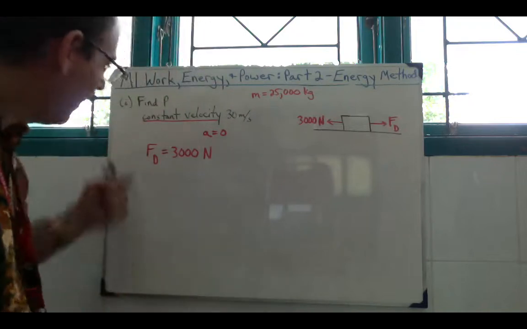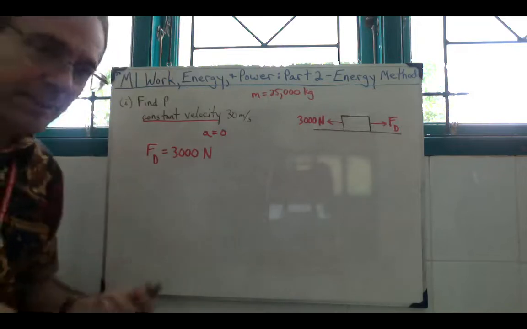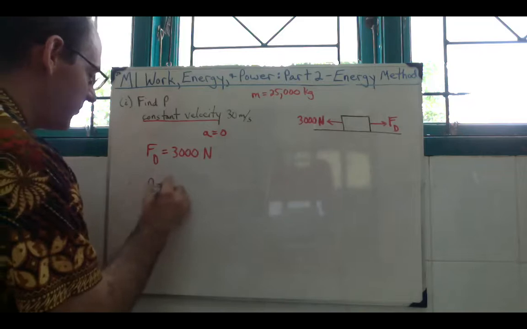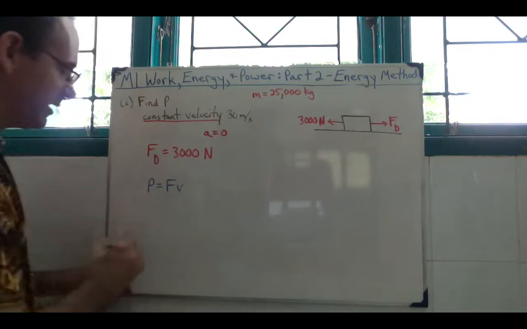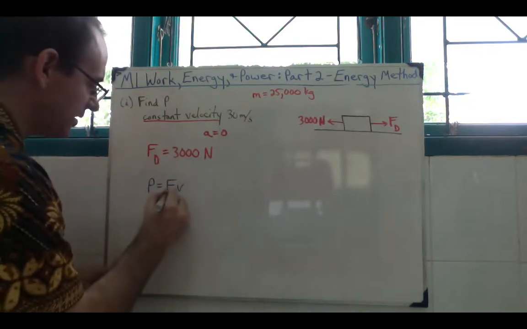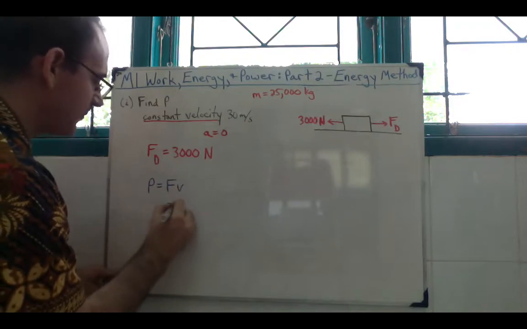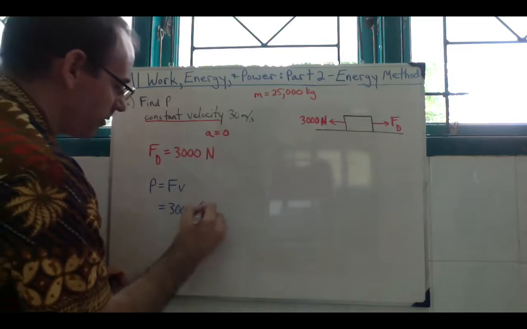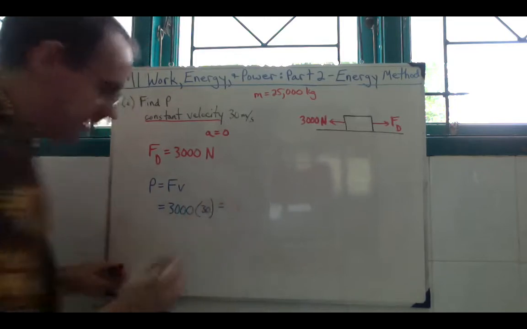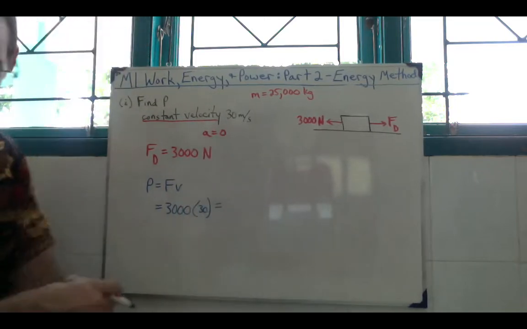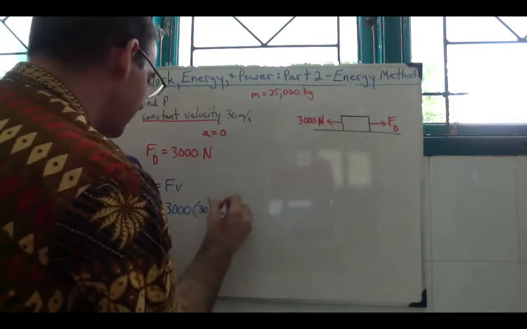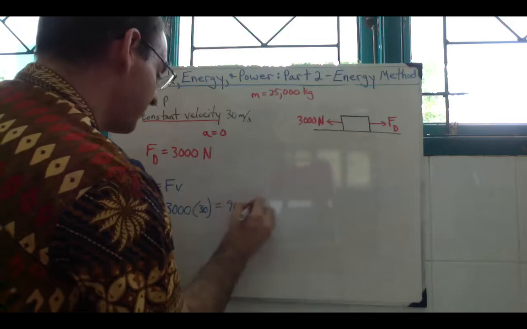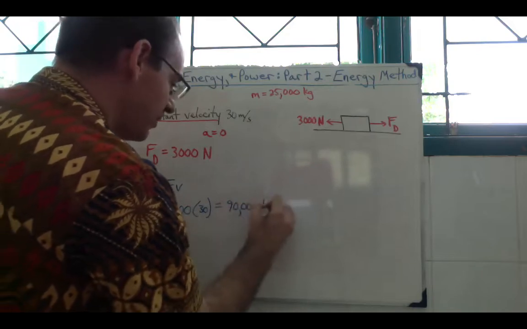Now we want to find power. And power is force times velocity. So here's the force, the driving force, that is 3,000 newtons times our 30 meters per second. And so we end up with a power of 90,000 watts.